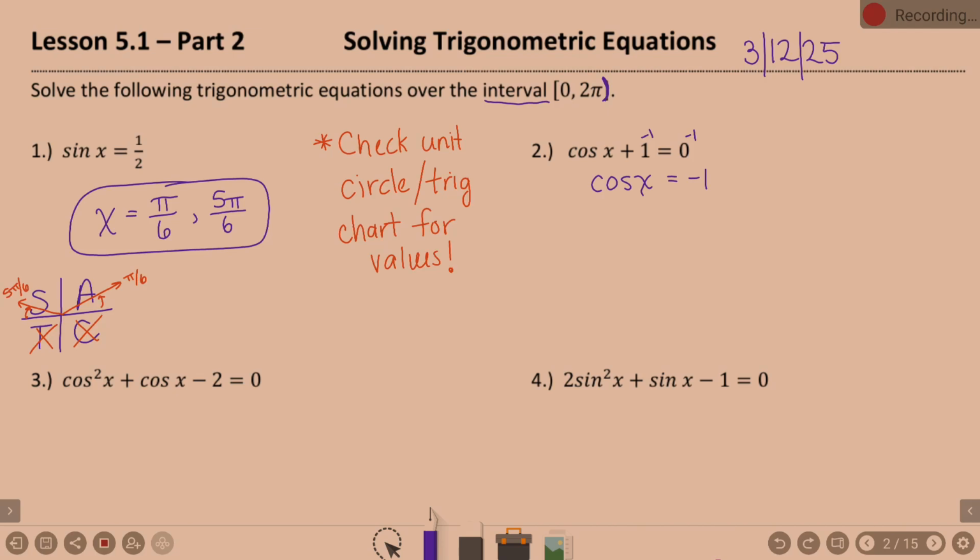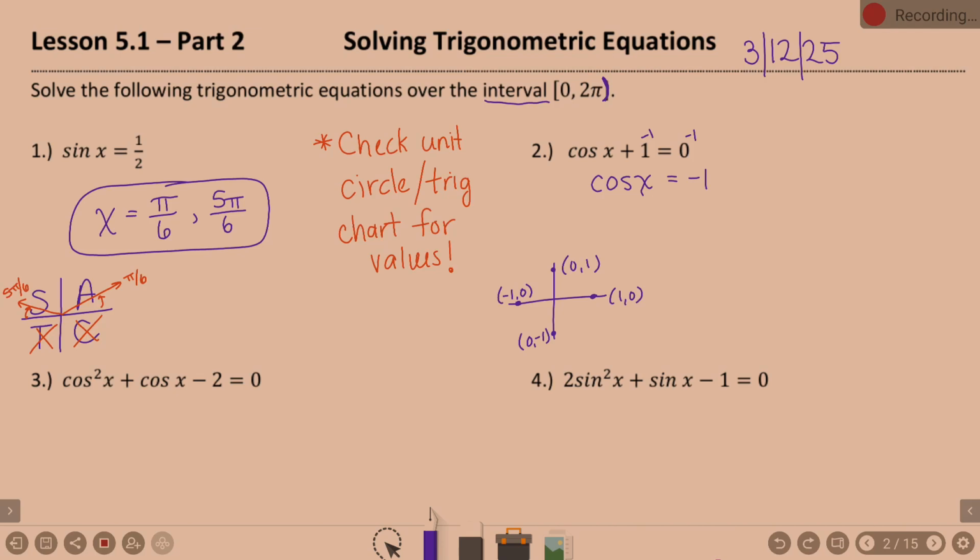Because that is exactly what we need to look at: when does cosine equal negative 1? Remember how I would always say, think about the ordered pairs. This is 1, 0. This is 0, 1. This is negative 1, 0. This is 0, negative 1. So there are your ordered pairs.